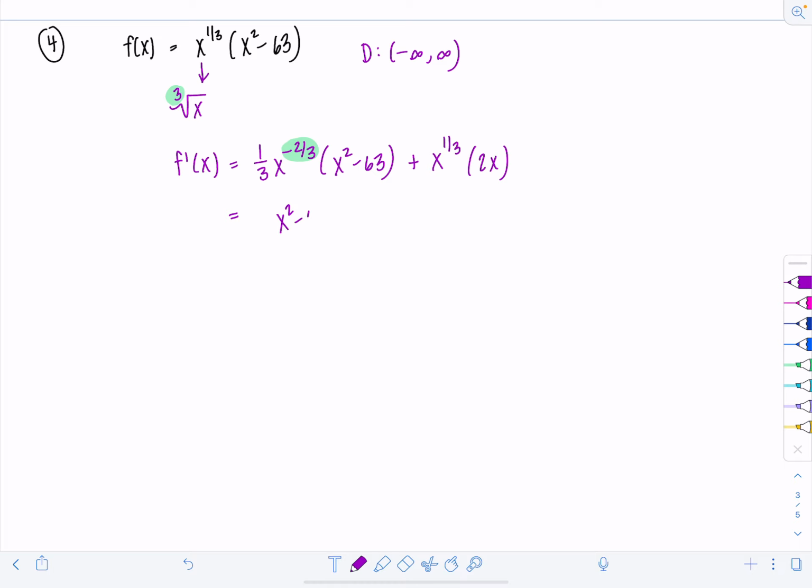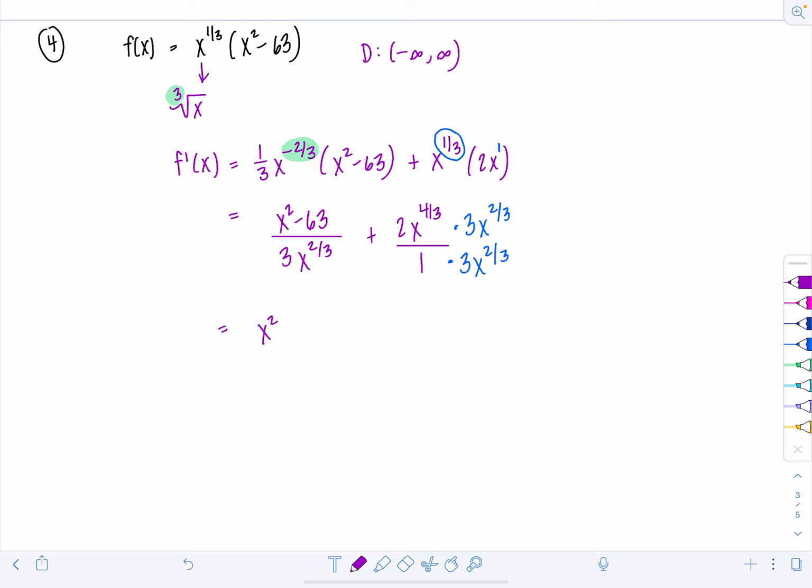So we have x squared minus 63 over 3x to the 2/3, plus, and then I can add these exponents. This is x to the 1/3 and this is x to the 1st, so we have 2x to the 4/3 over 1. I'm going to put it over 1 because I know it's common denominator time. So I'm going to multiply by 3x to the 2/3.